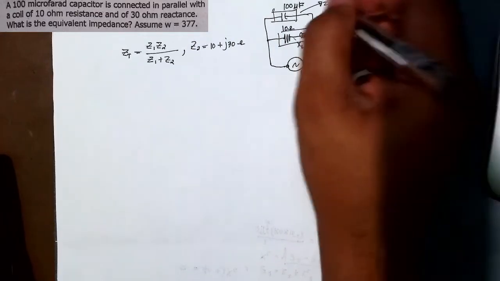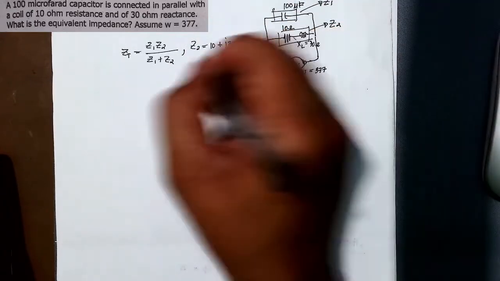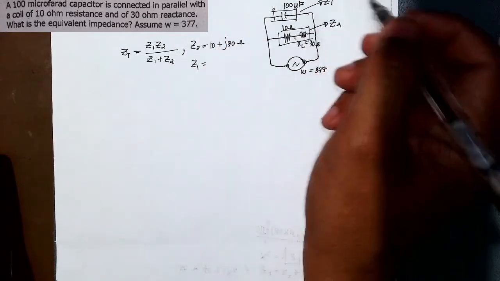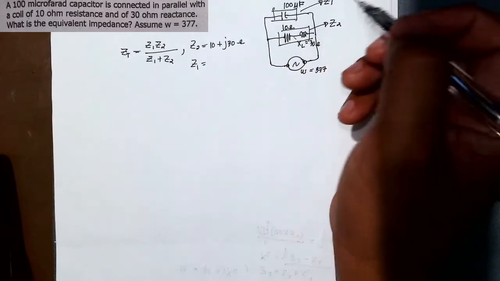And for our Z sub 1, we are given only the capacitance.